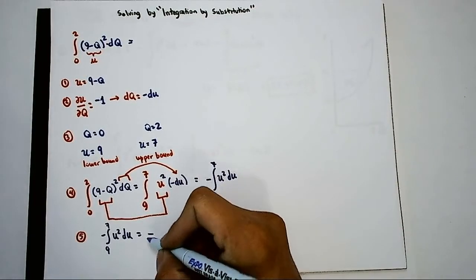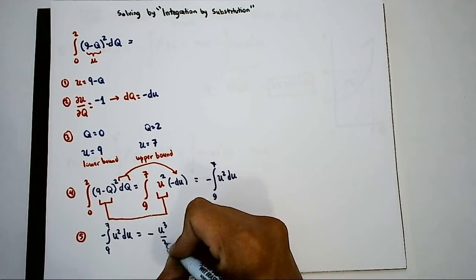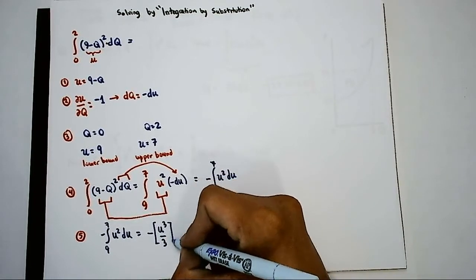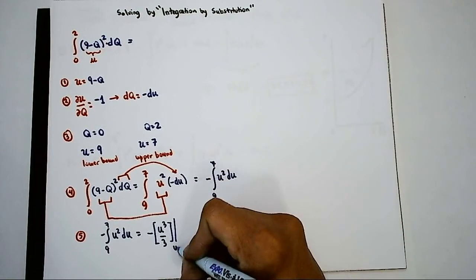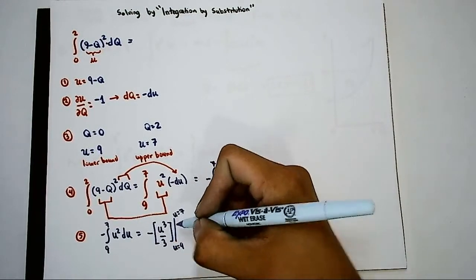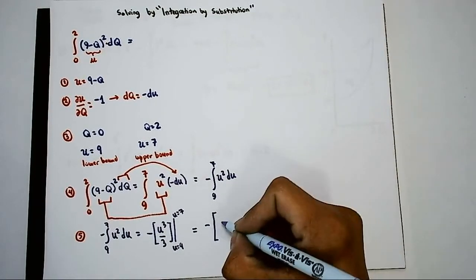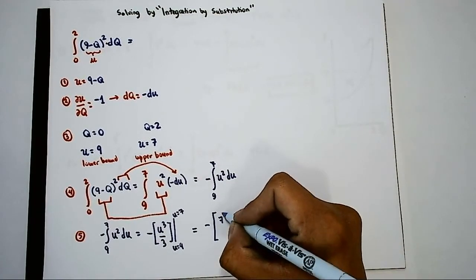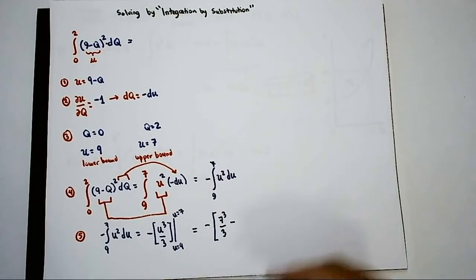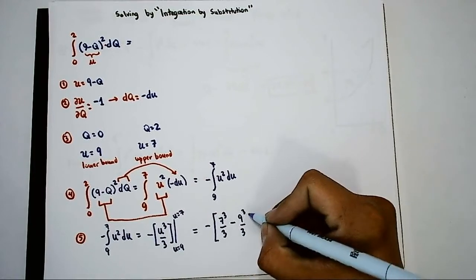This is the integration of u to the third divided by 3, from u equals 9 to u equals 7. This is negative, 7 to the third divided by 3 minus 9 to the third divided by 3.